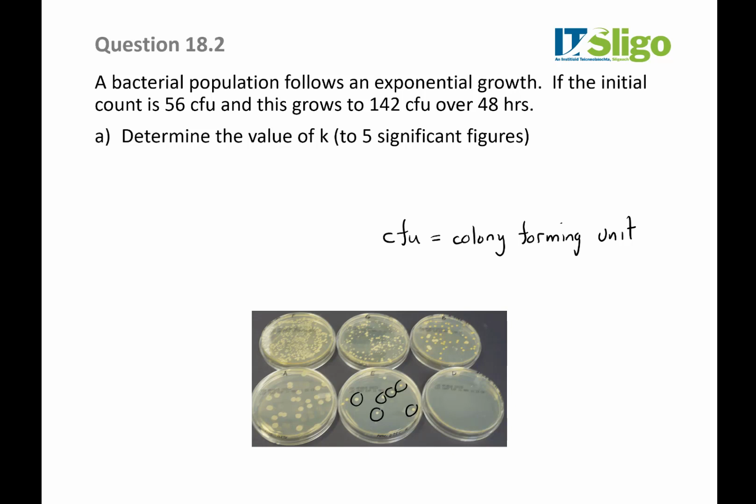As time passes, both the size and number of these dots increase, and eventually they increase to such a size that it becomes impossible to count. So a plate count should be between 30 CFU and 300 CFU to get a successful plate count. But I'll let your micro lecturers talk you through that.